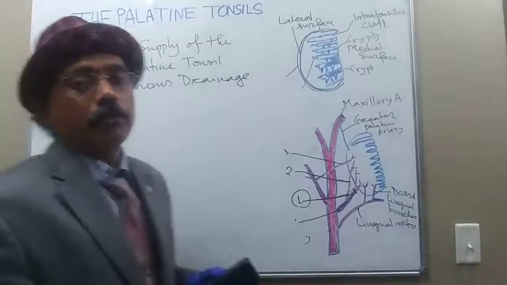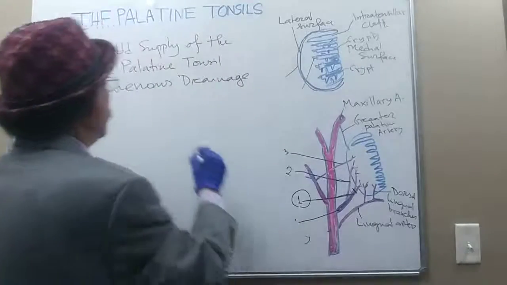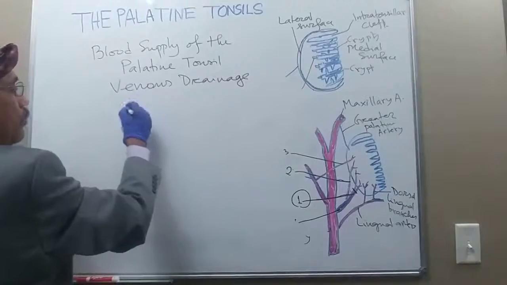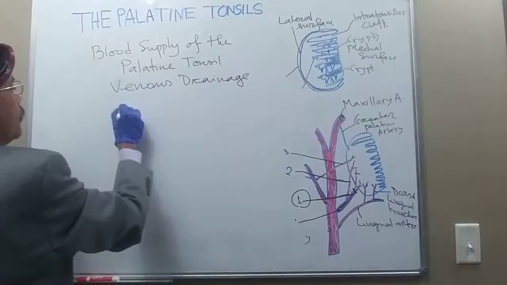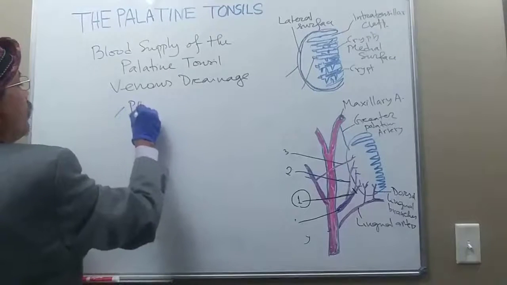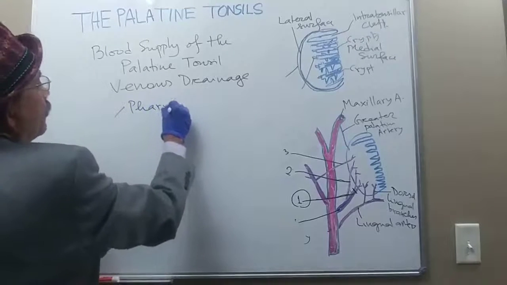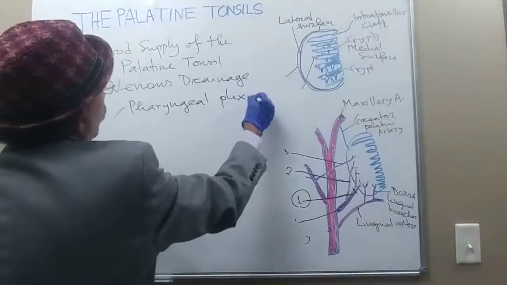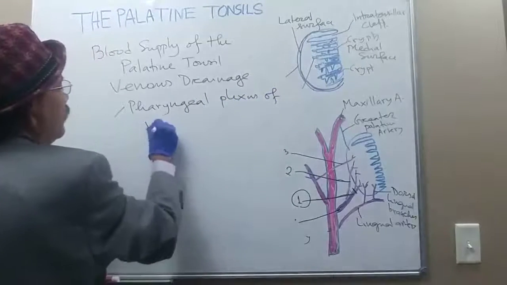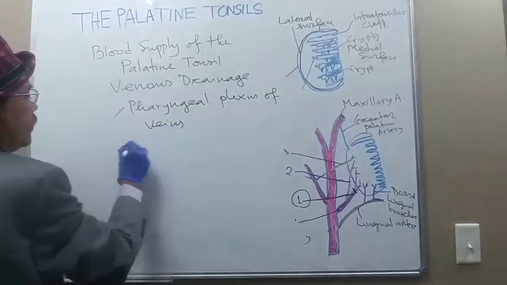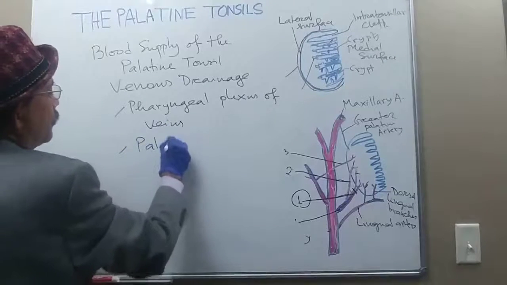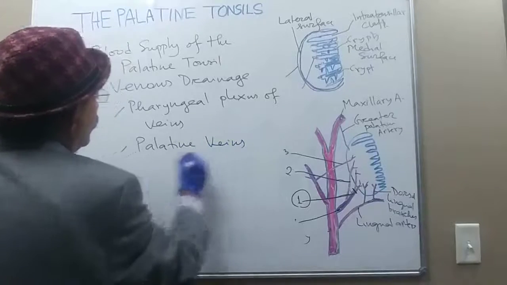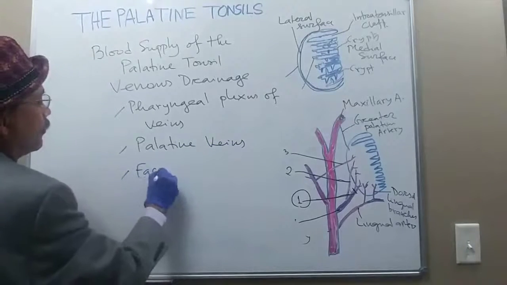The venous blood from the tonsil goes to the pharyngeal veins or pharyngeal plexus of veins, palatine veins and facial veins.